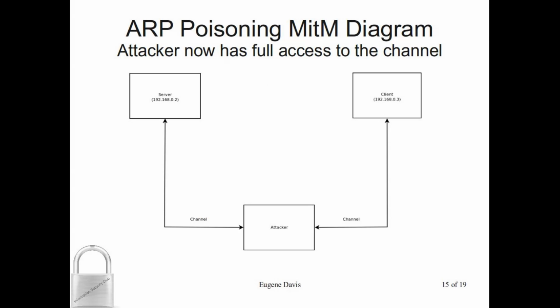So what happens after that phase where he lies to the client and server is there are basically two channels now, although the 2 victims think that it's the same channel, and they're both going through the attacker. So the attacker now has them convinced that he's really the other one. So he's able to read all the data, see it, do whatever pretty much.